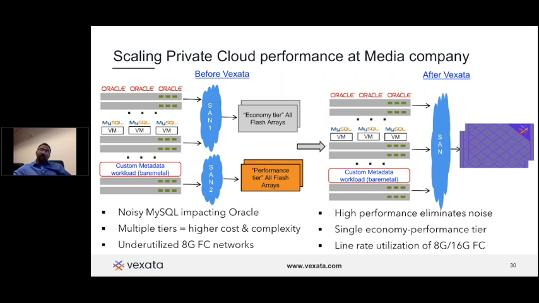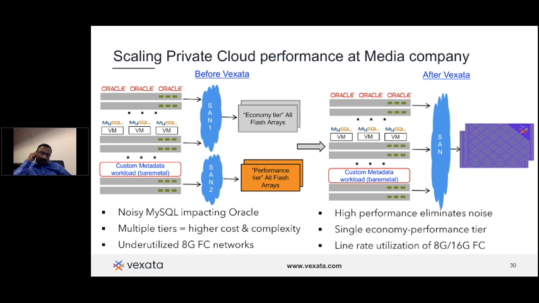The problem was first they needed to maintain two different tiers, which meant higher cost and complexity. And also they ran into a noisy neighbor problem where the Oracle workloads were not serviced very effectively because of the MySQL database collisions, right?